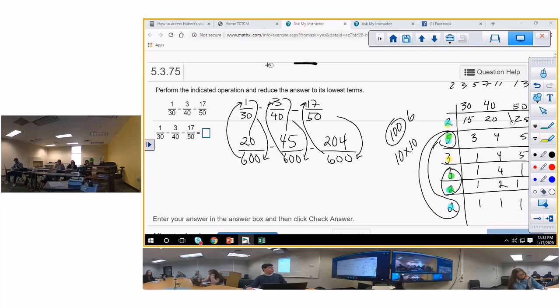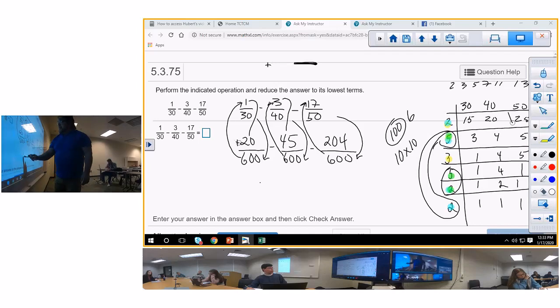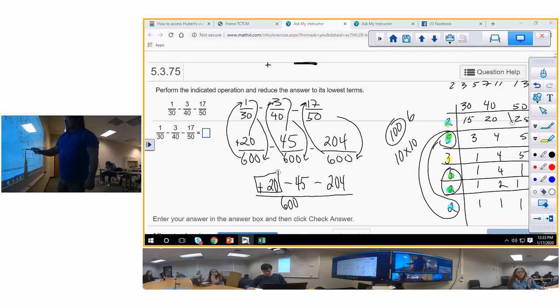My bills always are bigger than my income. So, here is a positive: positive 20 minus 45 minus 204. So you've got $20 in the bank because positive means you have.